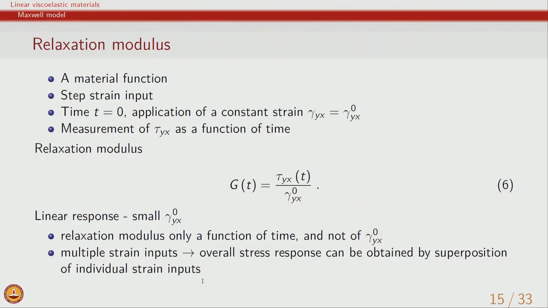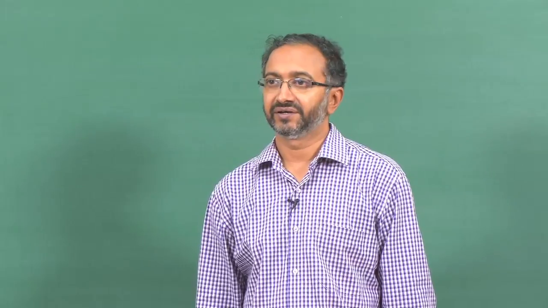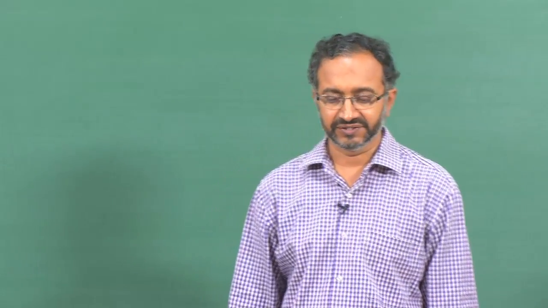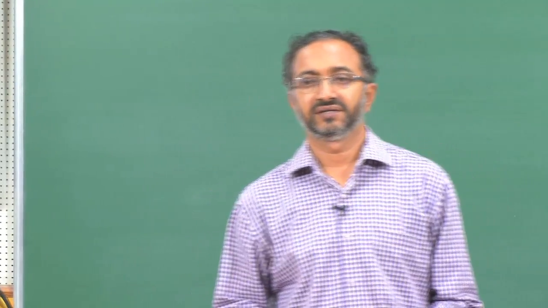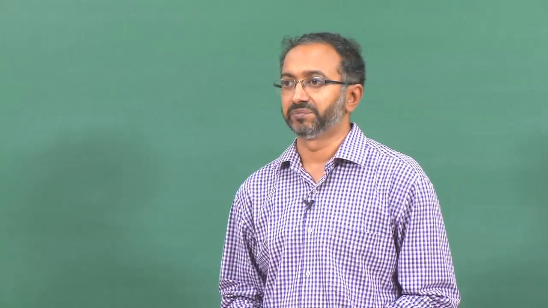So, with this we had defined the material function relaxation modulus, and what we can also do is to use this relaxation model to recast the Maxwell model in an integral form.